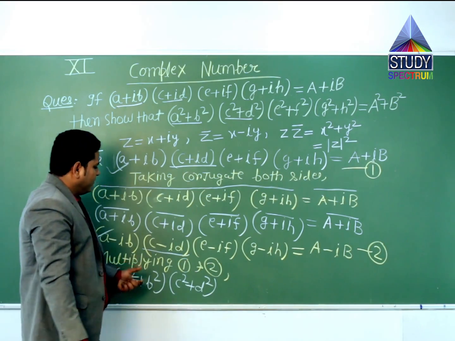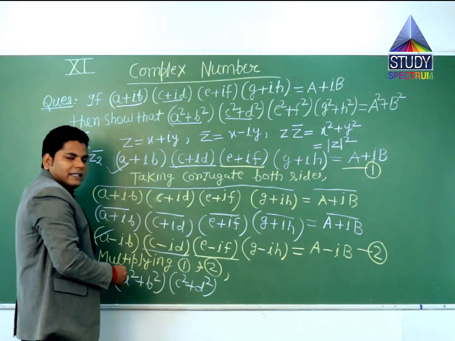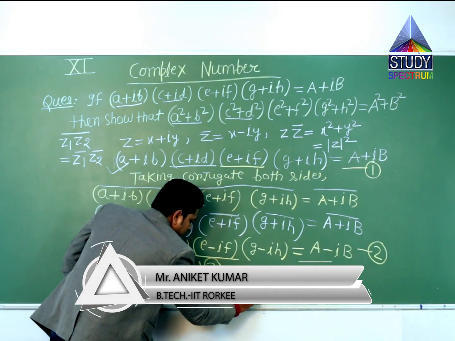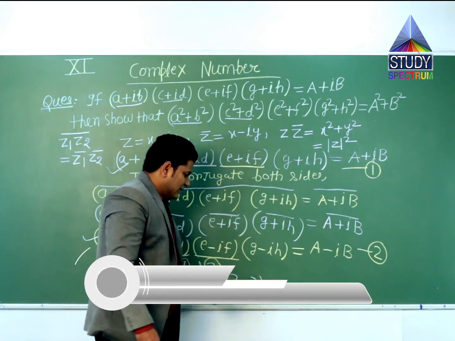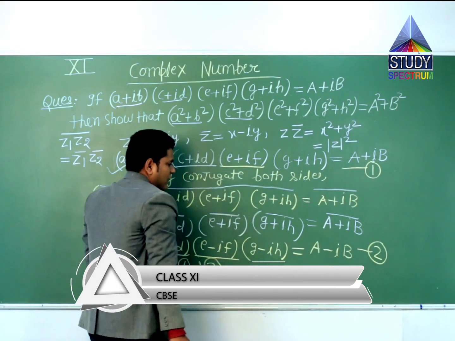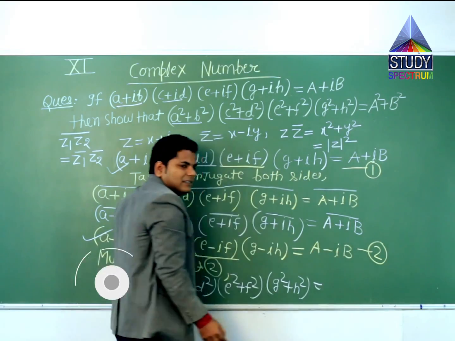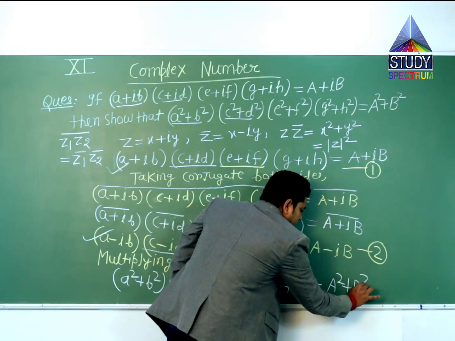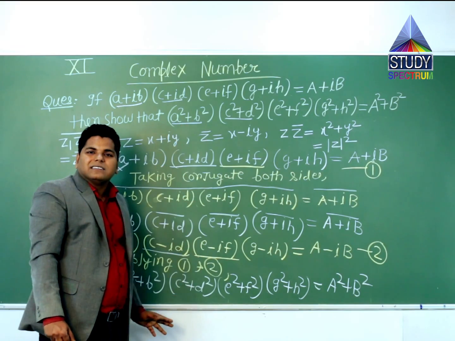In the same way, if you multiply e plus if and e minus if, you are left with e square plus f square. In the same way, g plus ih into g minus ih is g square plus h square, and on the right hand side capital A plus i capital B into capital A minus i capital B is capital A square plus capital B square. Okay, so we have proved LHS and RHS equal.